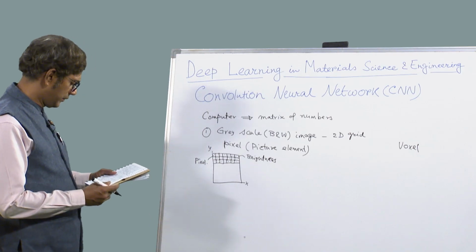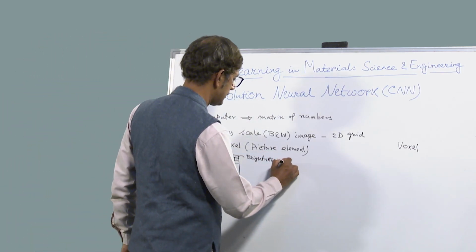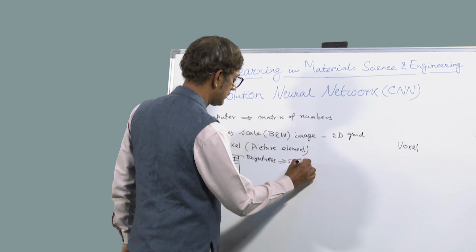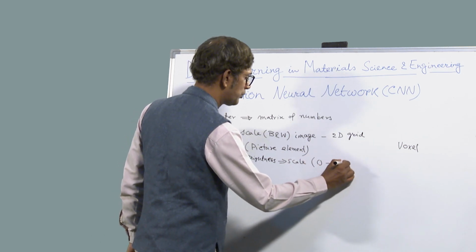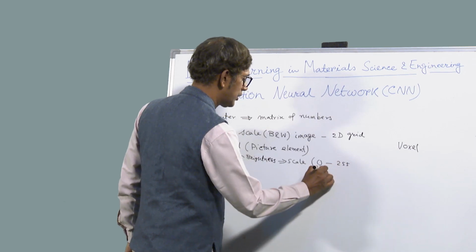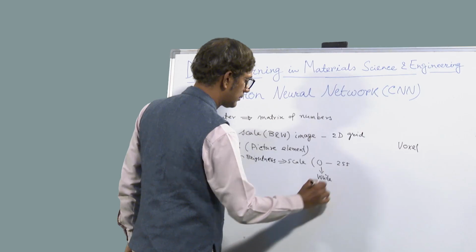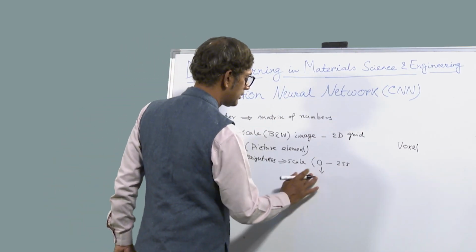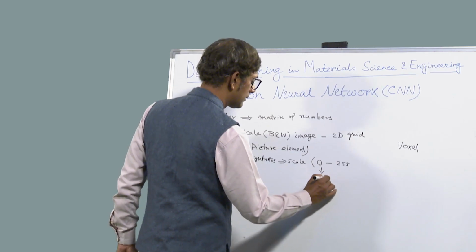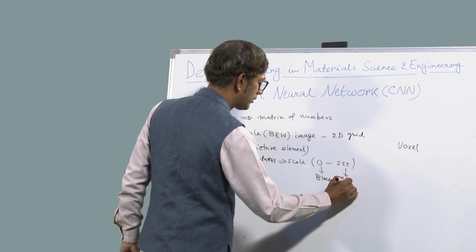And we have a brightness scale. It starts with 0 and goes to 255. 0 stands for black, complete black, and 255 stands for white.